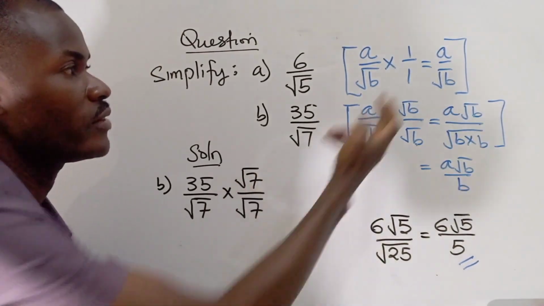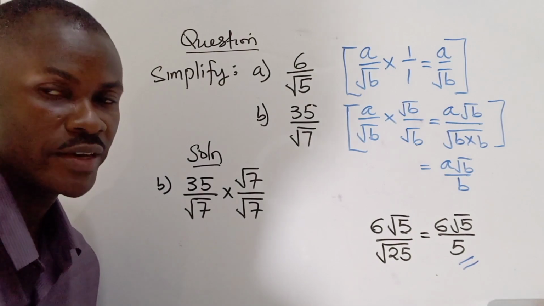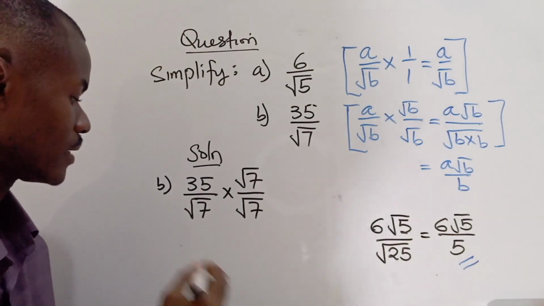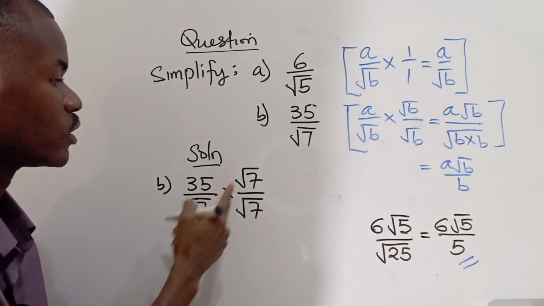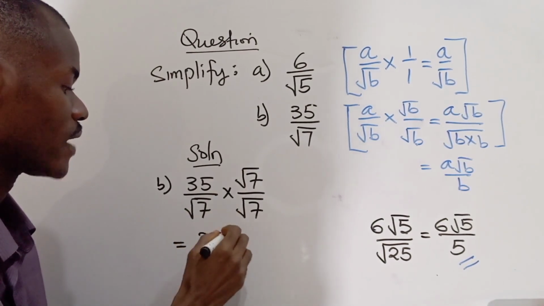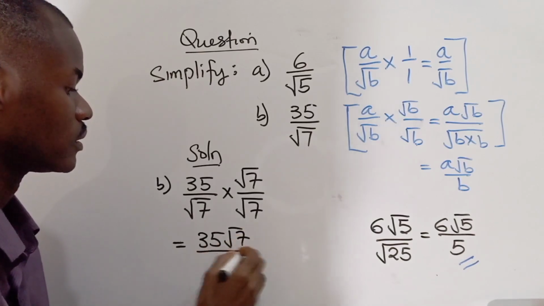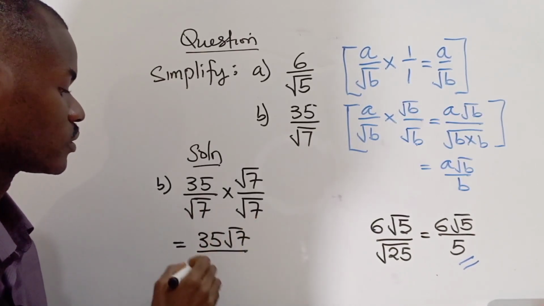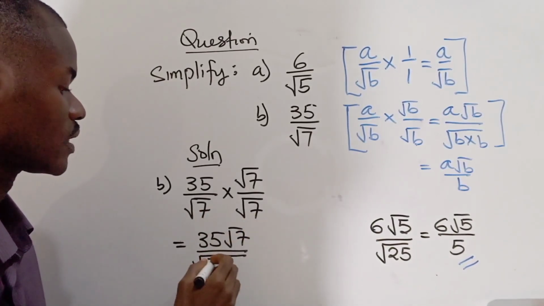Remember, this divide itself means 1 over 1 as we have, right? So the next step is what? 35 multiply this is going to give us 35 root 7 divide. This is going to give us square root of 7 times 7.